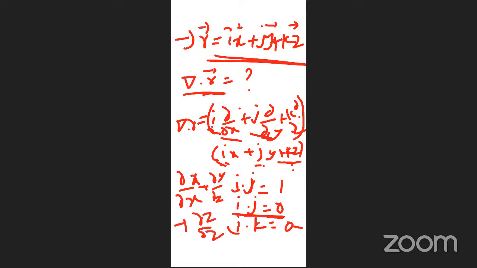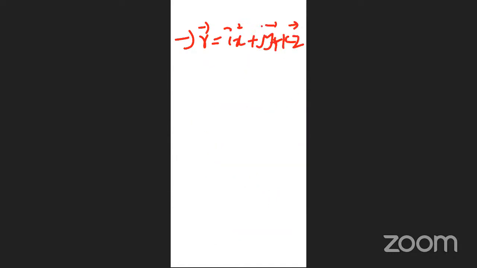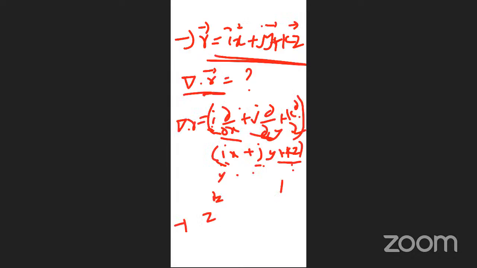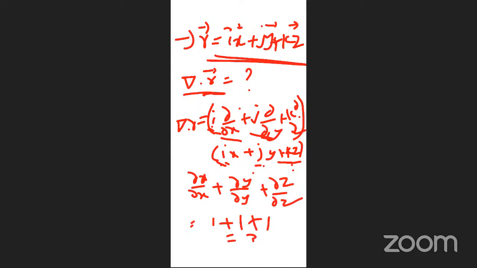So after simplification, ∂x/∂x plus ∂y/∂y plus ∂z/∂z is 1 plus 1 plus 1, and that value is 3.